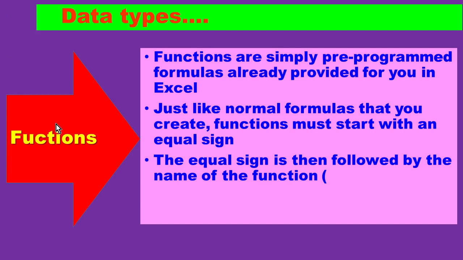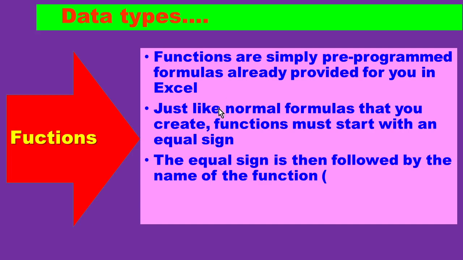These are another way of handling data. Functions are simply pre-programmed formulas already provided for you in Excel. This means you don't have to calculate. It has its own formulas. What you do is select the cells. You are expected to select the cells as an input. You are giving the input for the formula.